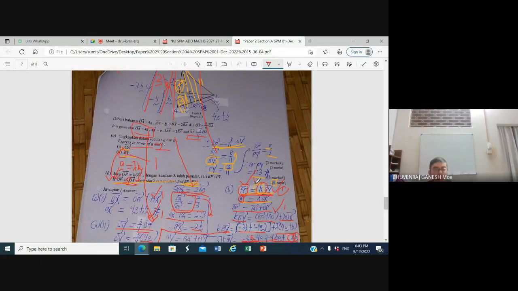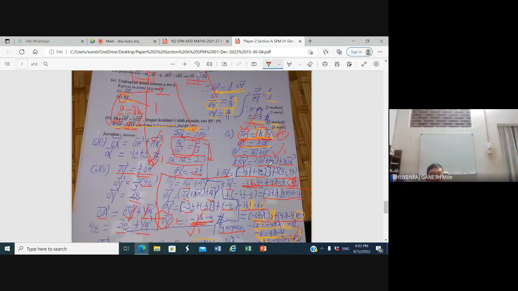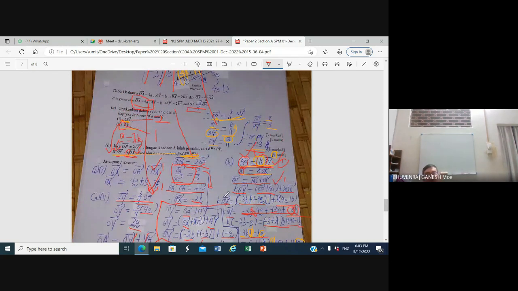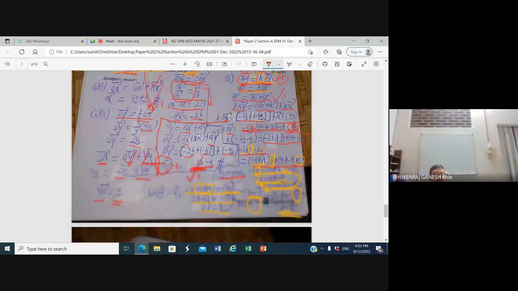So it doesn't mean that if you cannot get the answer, you cannot get marks in this question. You can get maybe at least 2 to 3. Even if, let's say, this part you made a careless mistake and you don't get the final mark here, you can still get marks. If you don't show working and you still get the right answer, you don't get any mark. That's the concept. You need to have all this working. That is advanced.